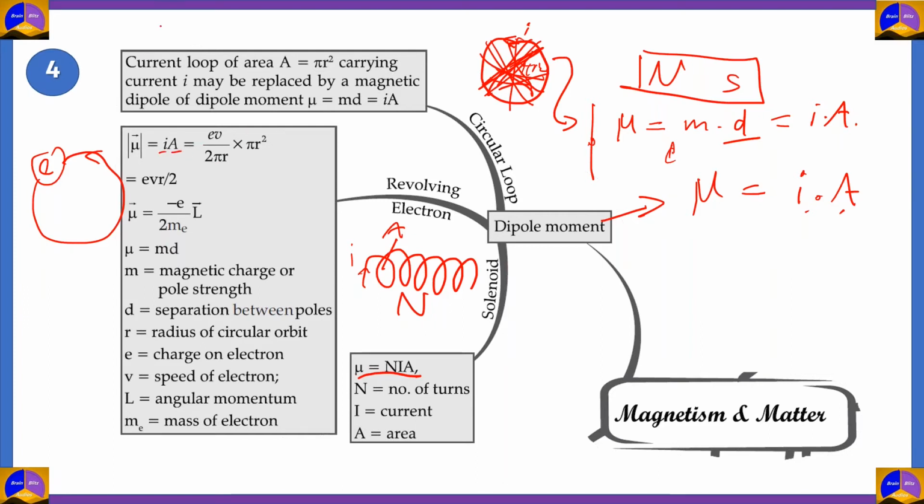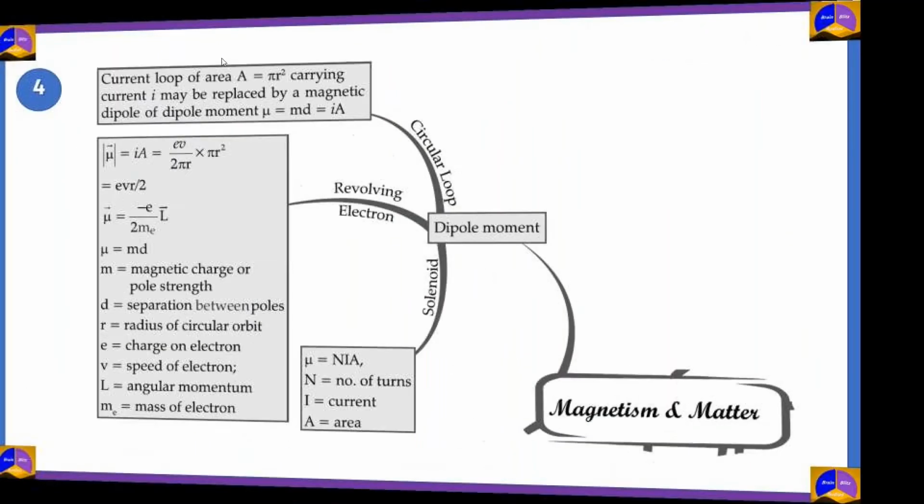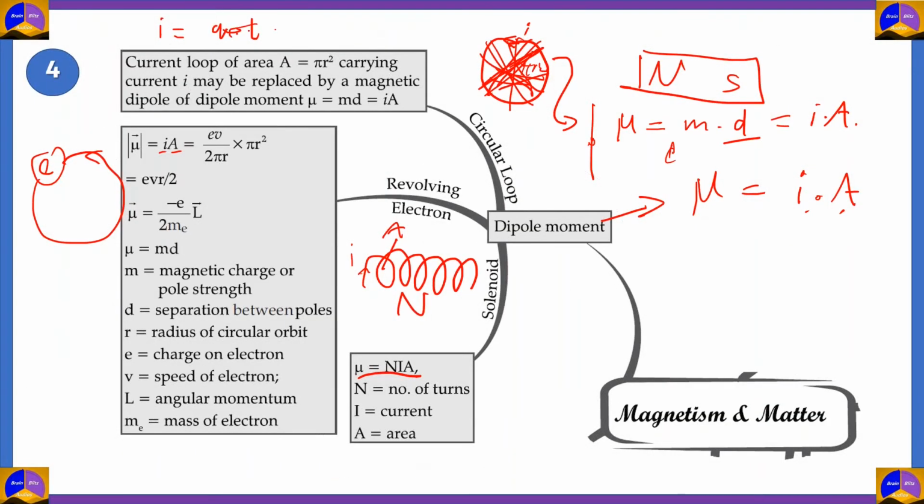However, here we use the formula current is equal to charge by time. And the charge of an electron is e, and the time is 2 pi r by v, but since it's inverse, we'll write it as v by 2 pi r.